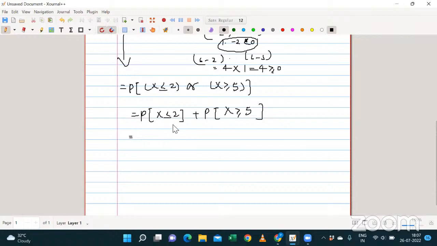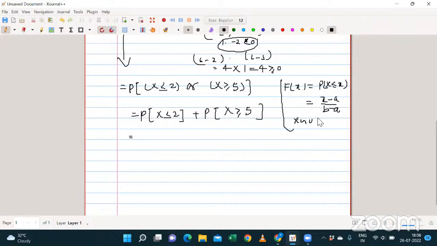Now, if you know your F of x, that means probability x is less or equal to x for uniform distribution, it is x minus a divided by b minus a. So what is a and b?